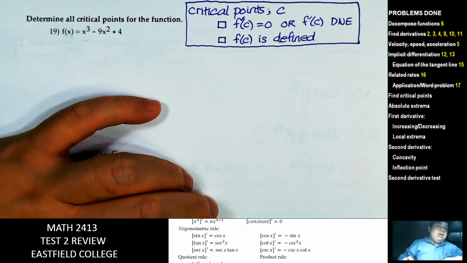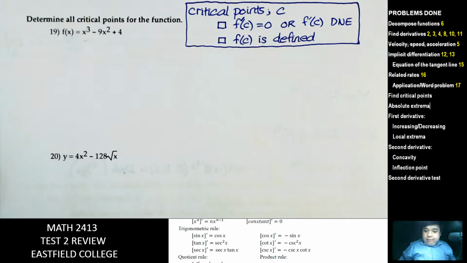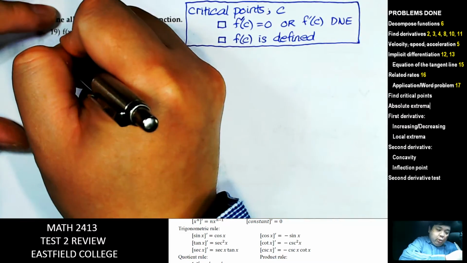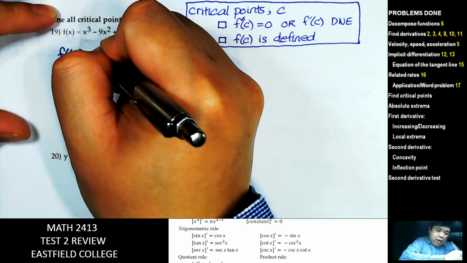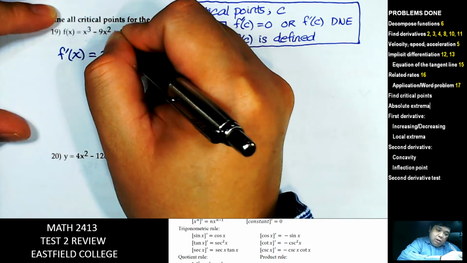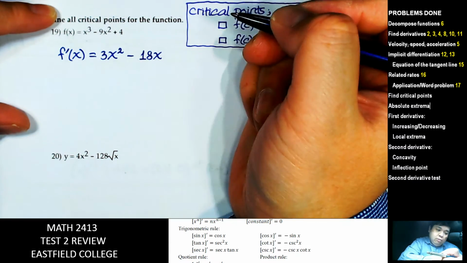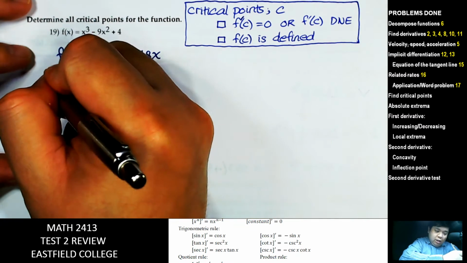So that gives us the critical point, meaning c is in the domain. Right, so we need those two things. So pretty much we have to take the derivative. That gives us 3x squared minus 18x, like that.